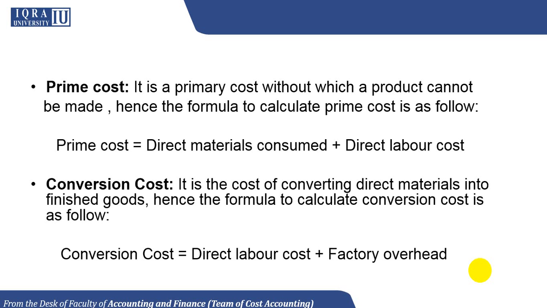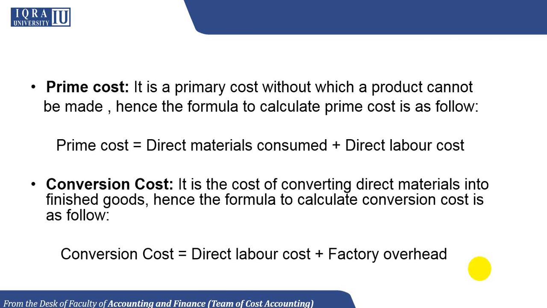So we need to consider what actually the prime cost and the conversion cost are. As we discussed, prime cost is the primary cost without which a product cannot be made. And what about the conversion cost? It is the cost of converting direct material into finished goods. And the formula to calculate conversion cost is as follows: direct labor and factory overhead.